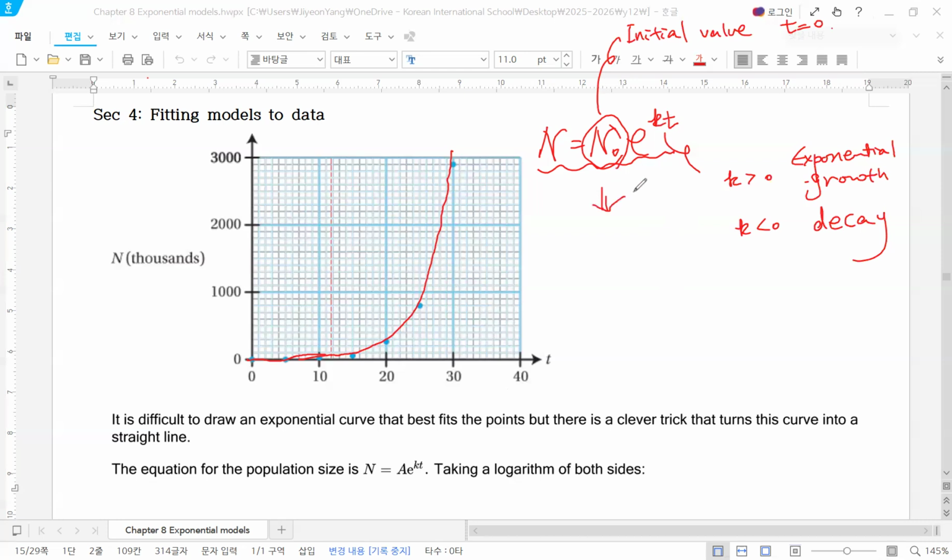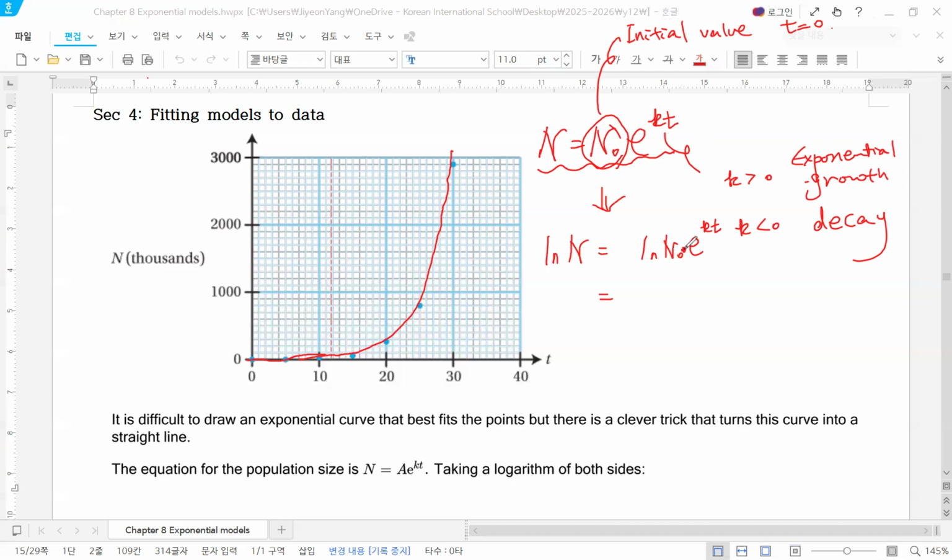And if we apply logarithm, what base should we choose in this case? Base e, thank you, e. And then ln N equals ln of N0 times e to the power of kt. Always the rules of logarithm: if it is combined in one logarithm, you can separate them. If it is separated, then you can combine them. In this case, it is combined, right?